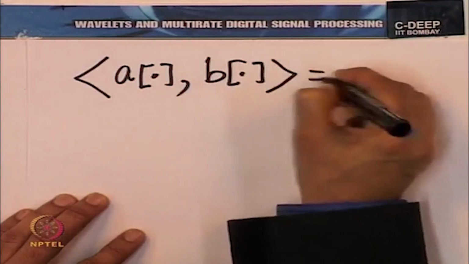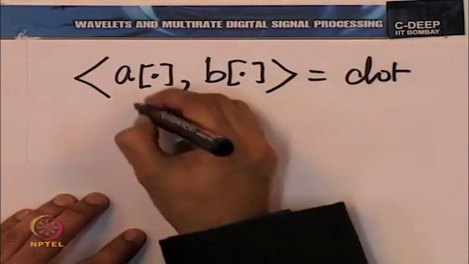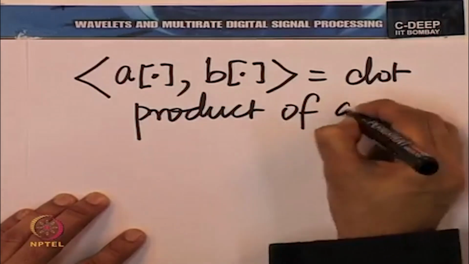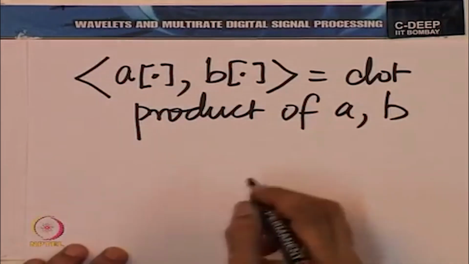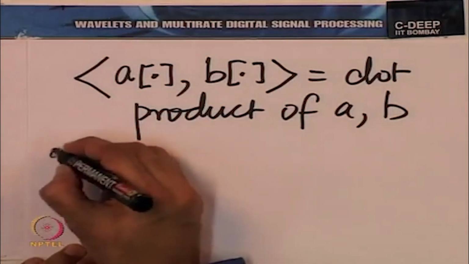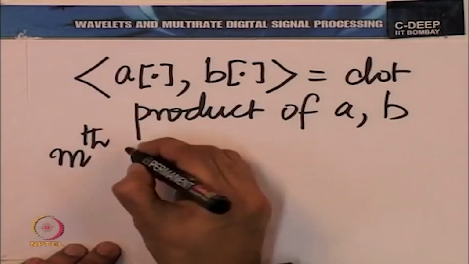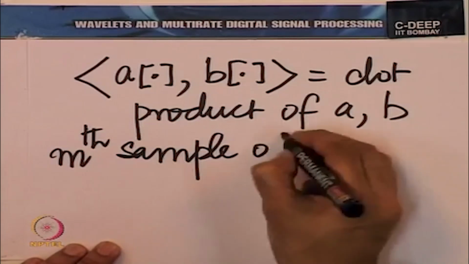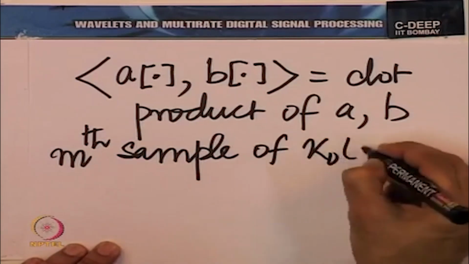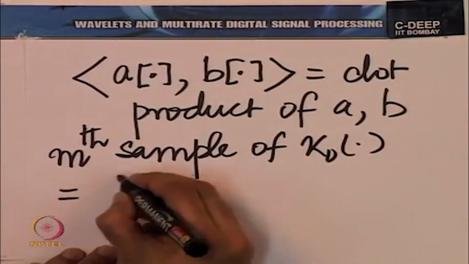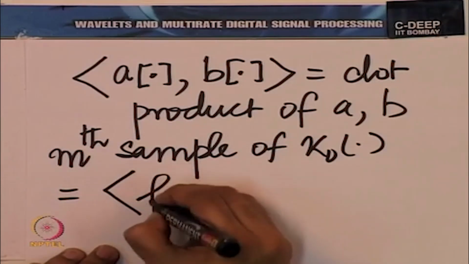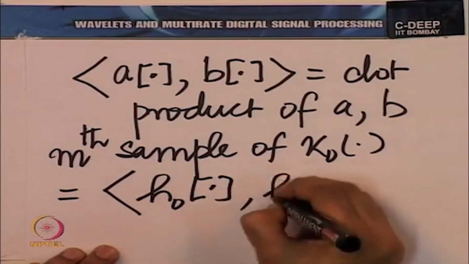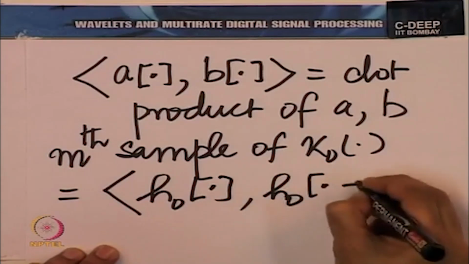This is the dot product of A and B. And we are saying the mth sample of the filter kappa 0 is essentially the dot product of H 0 and H 0 shifted by m.